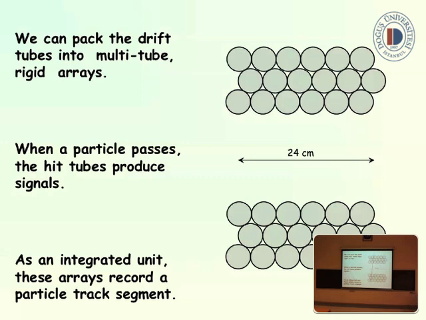For example, a muon passes through the tubes, and then we see the trajectory here. We have segments here and segments here. When a particle passes, the hit tubes produce signals, and as an integrated unit, these arrays record a particle track segment. We have one tube, and then we put tubes together, and then we already have a segment.